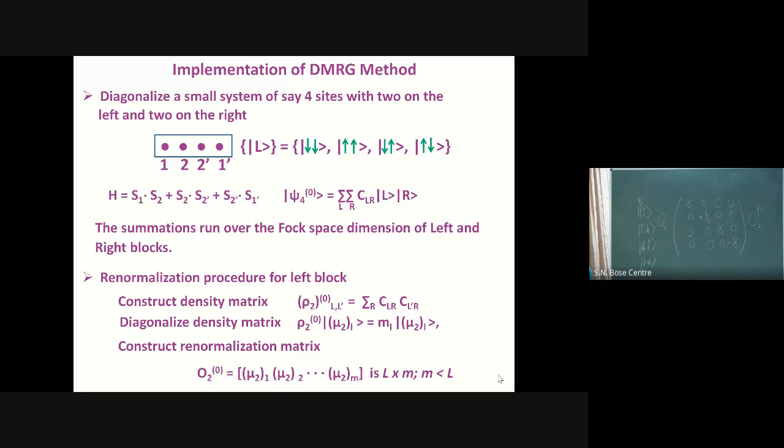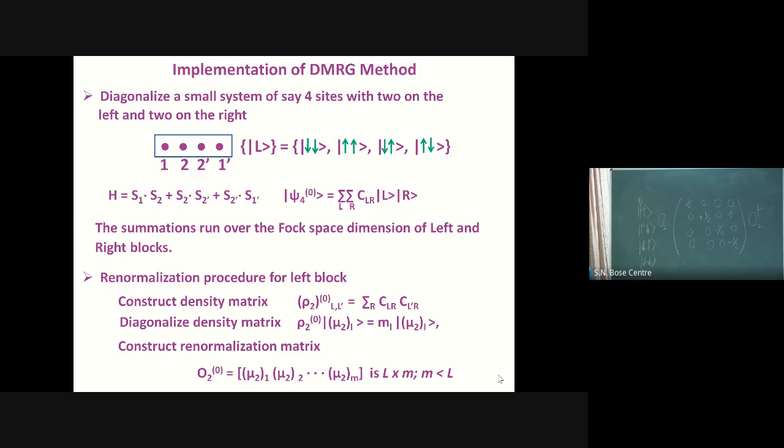I'm unable to understand the mathematics of it. Well, the mathematics of it is very simple. You have m columns in the matrix, the m columns corresponding to the m eigenvectors, and L rows.